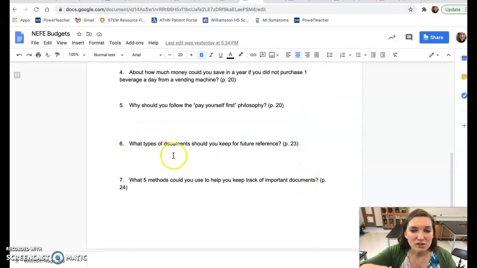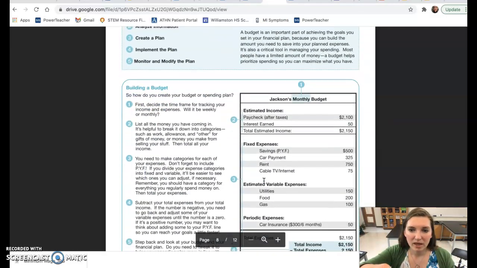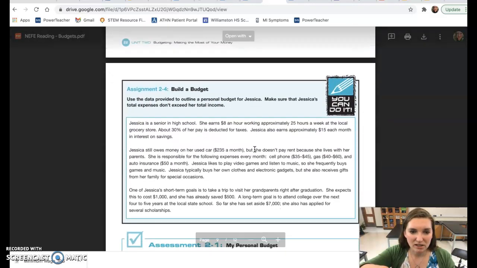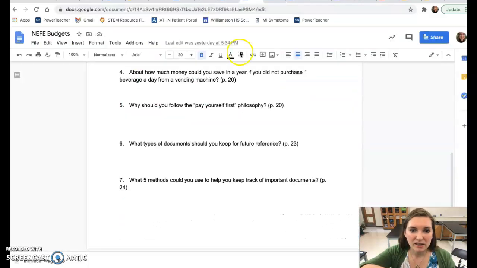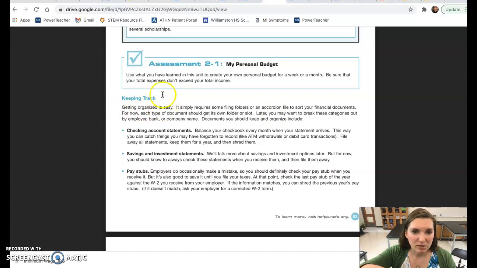What kind of documents should you keep for future reference? Let's see, page 23. I see some stuff about building a budget. Okay, what kind of documents should you keep for future reference? I see something that says keeping track.